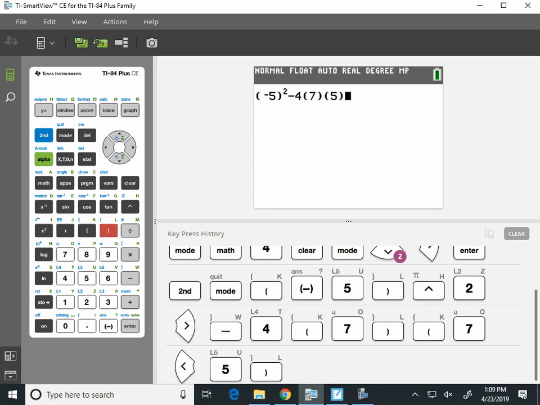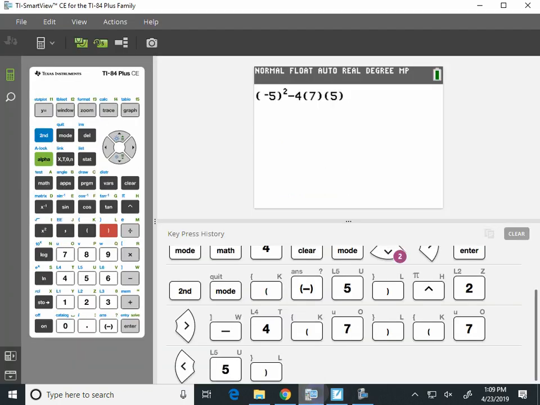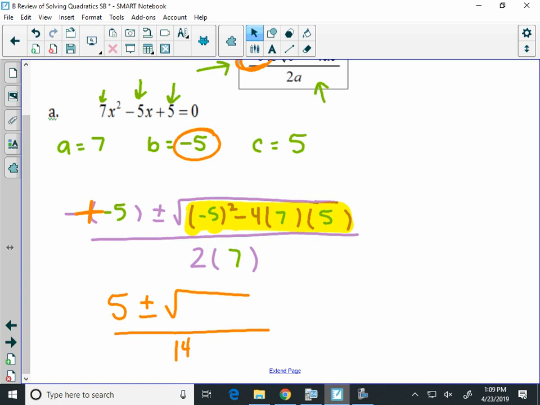Make sure I have that right. Yes. Make sure you put parentheses, type in exactly how you wrote it on your paper. No radical though. And we get negative 115. So I'm going to write negative 115 underneath my radical.